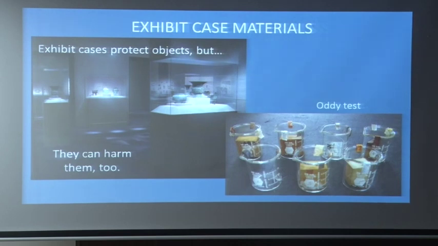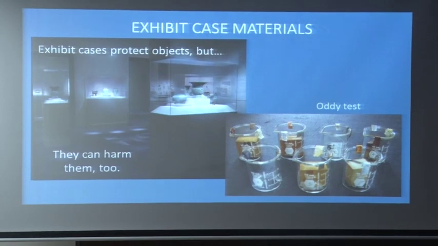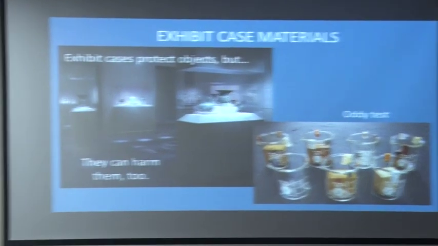And if you get reactions, you know that's not a good material to use. It's really hard to keep up doing this sort of testing, because you can test a material, but who's to say next year whether the company is going to change how they make it, change the formulation of how they're making something. You don't always know, but you just have to do your best to try and use the proper materials.